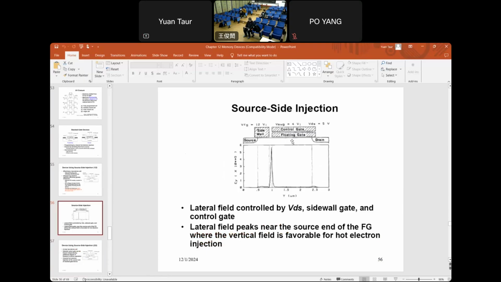So you can see that because the coupling of the sidewall to the control gate is weaker, when you apply the voltage to turn on the device at the control gate, the sidewall is only weakly turned on, so the field is highest near the gap between the control gate and the sidewall.